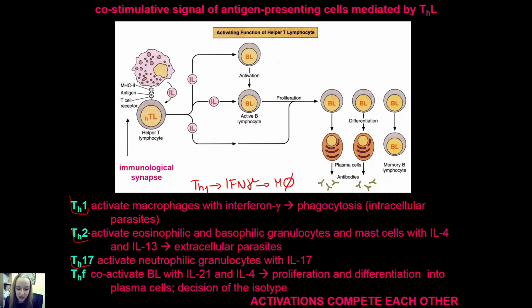So when TH2 lymphocytes are activated, the pathway of TH1 lymphocytes is deactivated. You will learn more about this in immunology. Right now, for histology, you should at least know there are some types of helper T lymphocytes, and that will be pretty much okay.